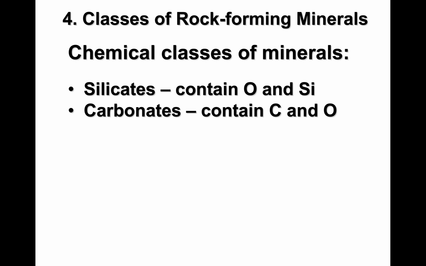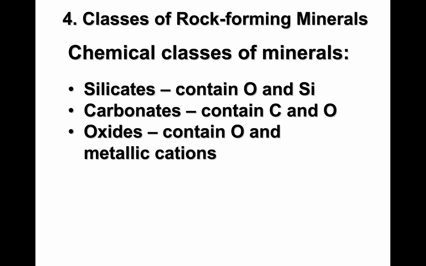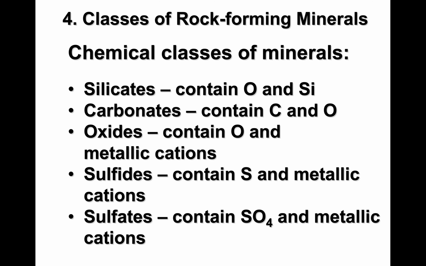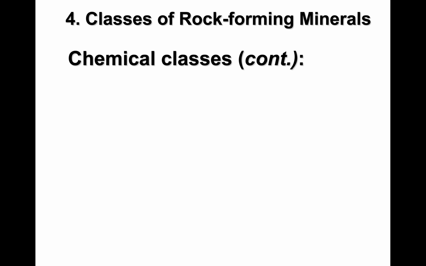Then we have carbonates, and they contain carbon and oxygen. Then we have oxides, and they contain oxygen and metallic cations. Then we have sulfides, and they contain sulfur and metallic cations. And we have sulfates, they contain SO4 and metallic cations.